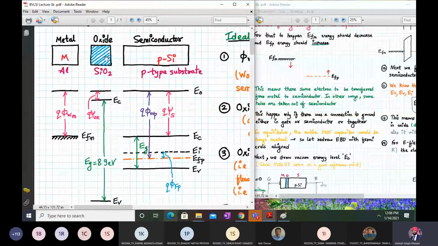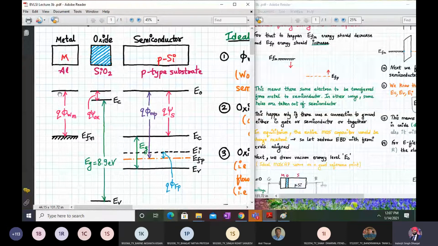So what do we do? We need to find a common energy level between metal and oxide. Hence comes the concept of the vacuum energy level, E naught. If there are electrons inside a material and we give some energy so that an electron can come out of the material, it no longer belongs to the material.